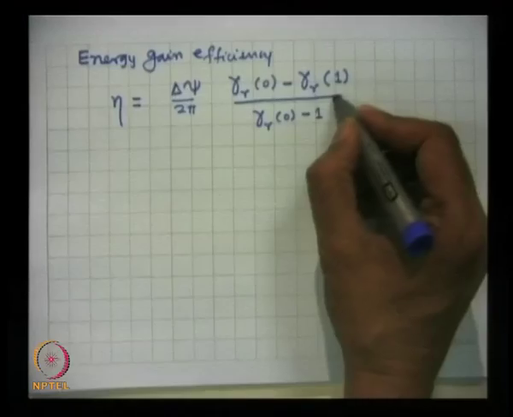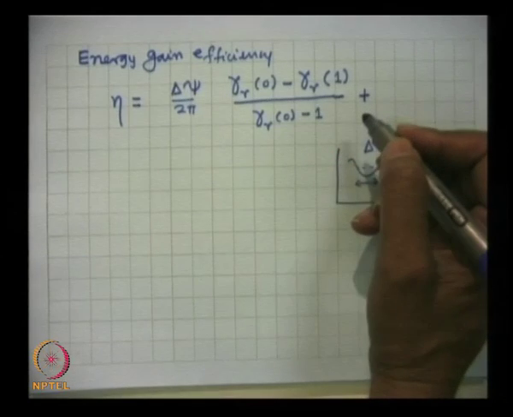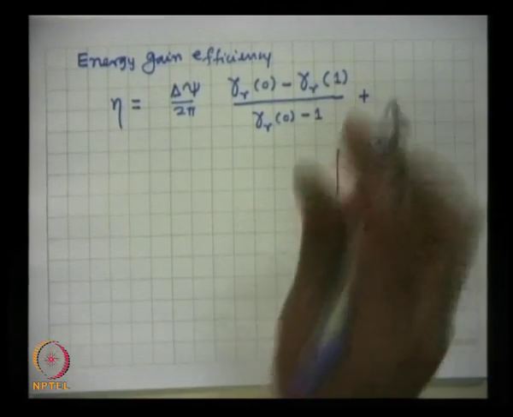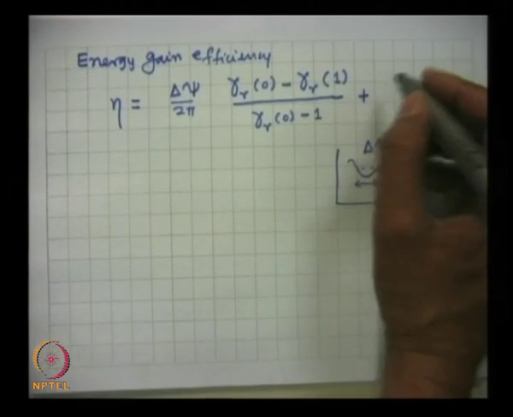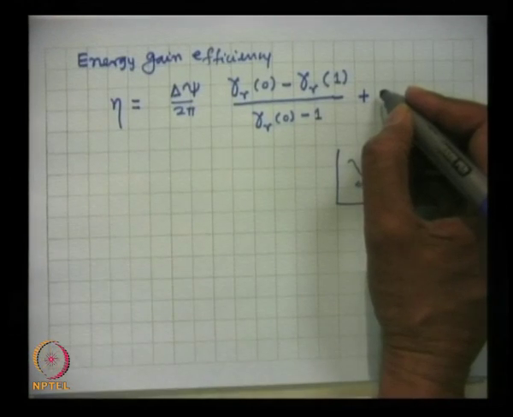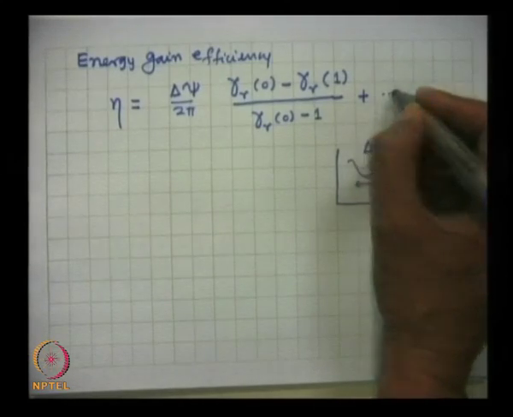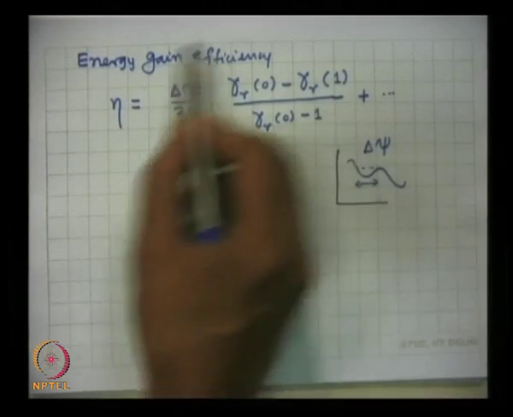To this you should also add the efficiency due to P2 effect that I mentioned earlier, plus the efficiency due to uniform or untapered wiggler, plus some more. But this is the prime term.